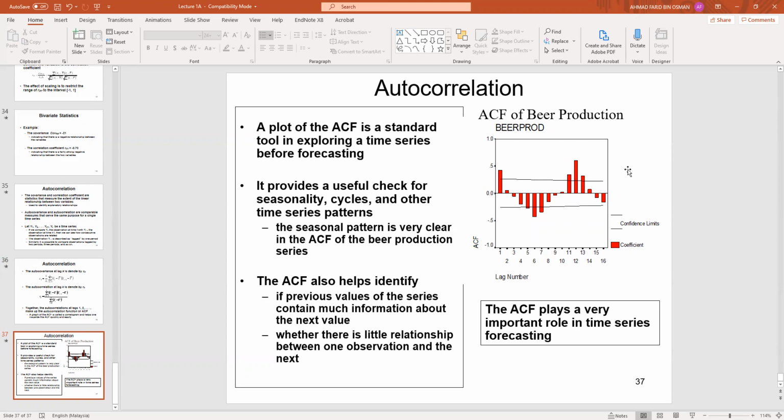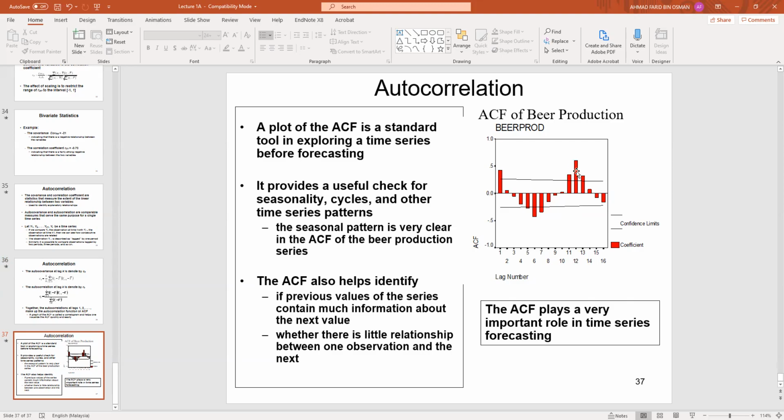Why? Because this is monthly data, you can see the first bar represents the autocorrelation, or correlation, between Yt and Yt minus 1. The second one is between Yt and Yt minus 2. The third one, Yt and Yt minus 3. Look at number 6, it's Yt and Yt minus 6, up to number 12, which is Yt and Yt minus 12.